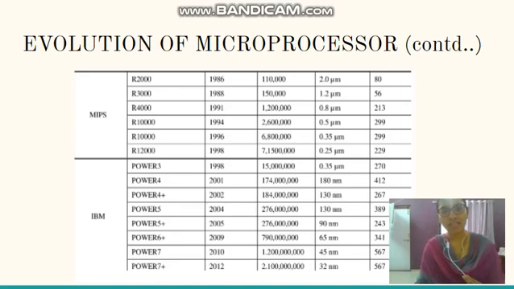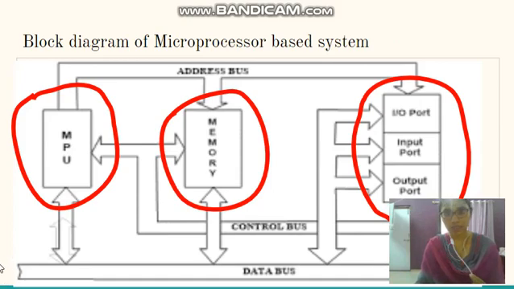So, as we have seen, a microprocessor is a single chip CPU. That means it is just the CPU. But can the CPU function alone? If you have a desktop system at home, you must have seen that you have various parts like a monitor, keyboard, mouse, and a CPU. If any of the parts is missing, can it function?